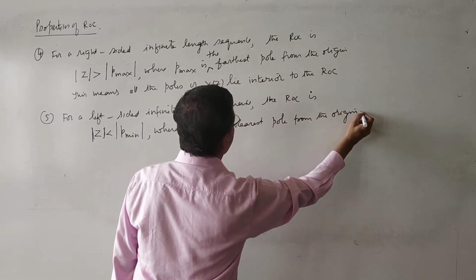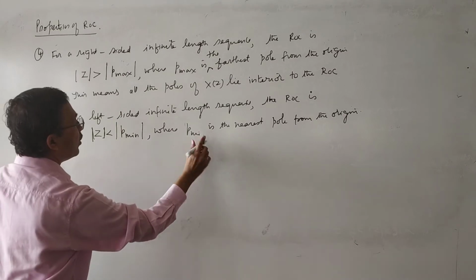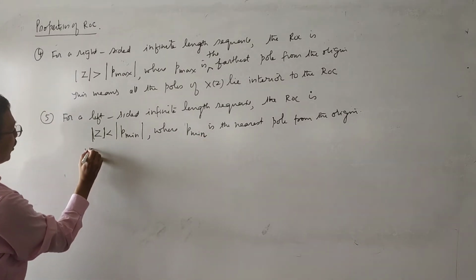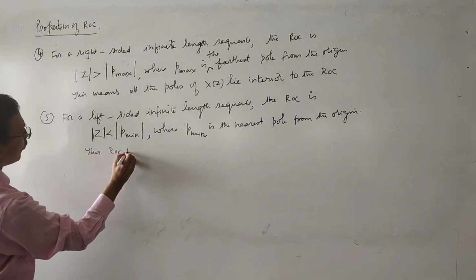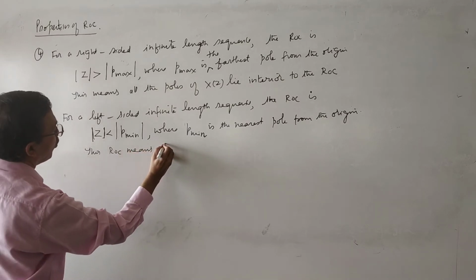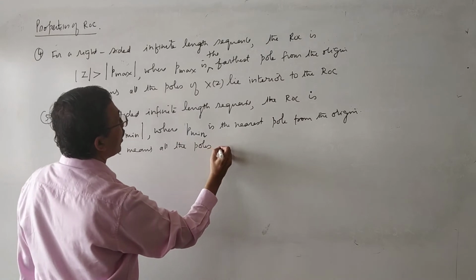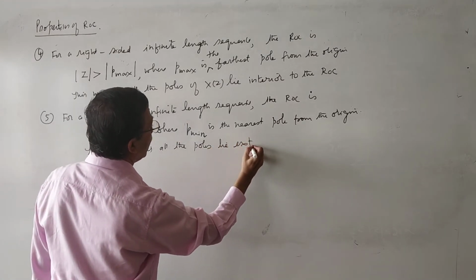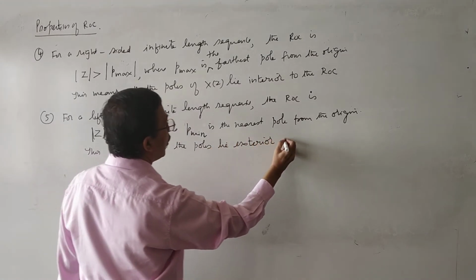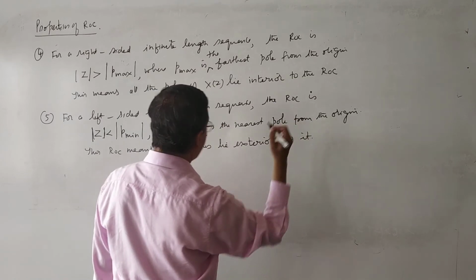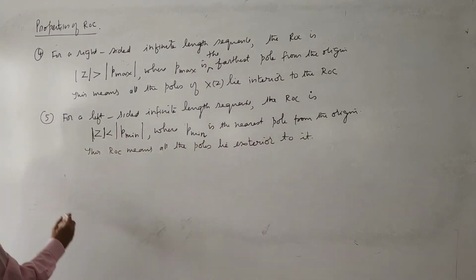This ROC means all the poles lie exterior to it.